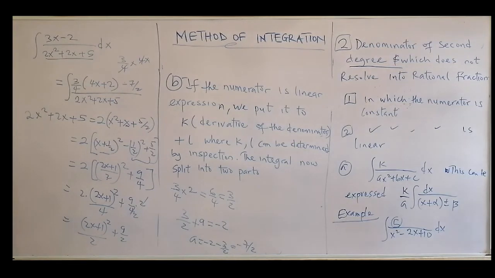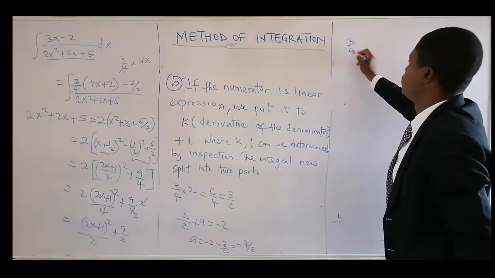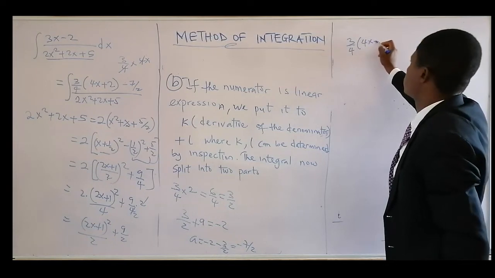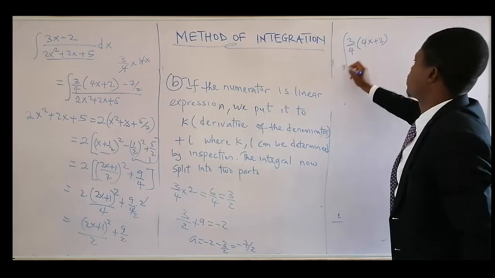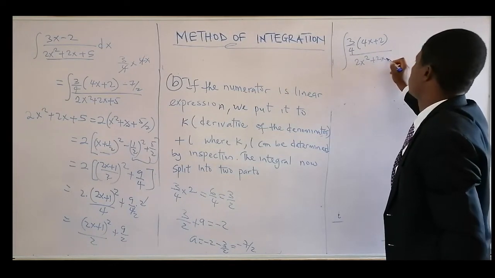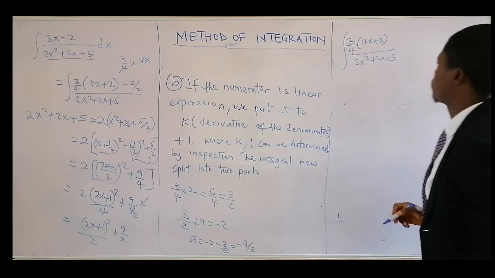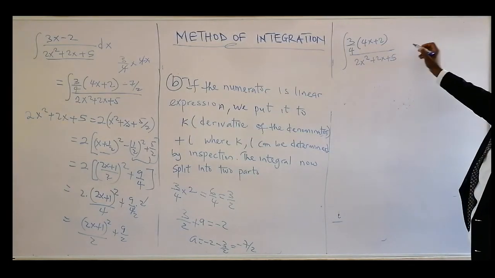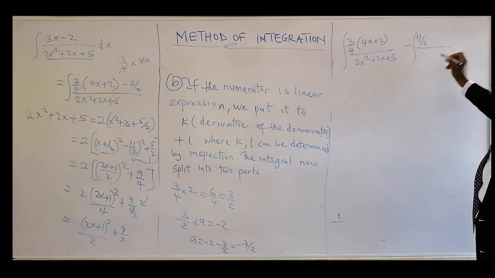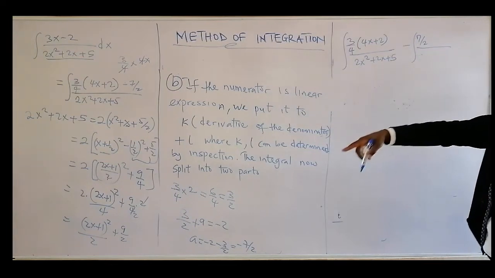Okay, so then you can split the equation. 3 over 4 into bracket 4x plus 2 integral over 2x squared plus 2x plus 5. Okay, and then minus 7 over 2 integral of the expression there.